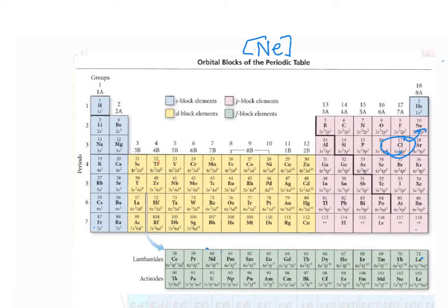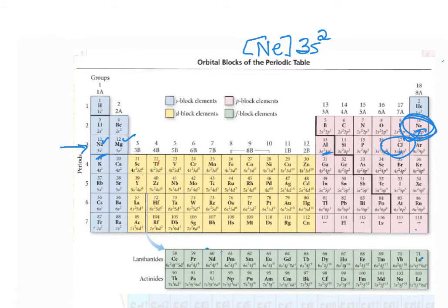Now, go to the very next element after the noble gas. So neon has an atomic number 10. We're going to go to sodium. What is the ending electron configuration notation for sodium? It's 3s. So anything after the noble gas you've got to write out. So I'm going to put 3s. So sodium is 3s1, magnesium is 3s2. So we have filled up the 3s sublevel.